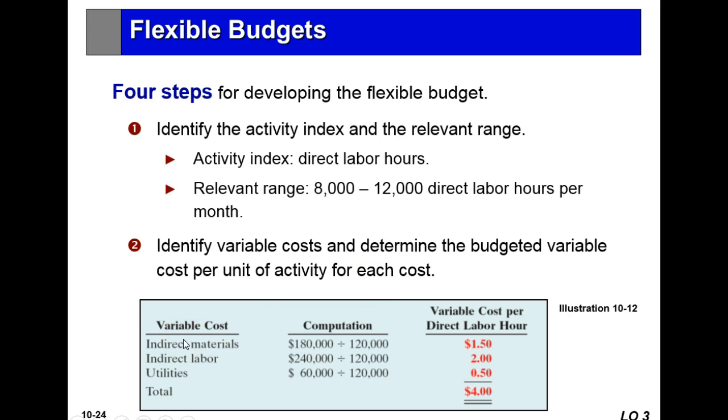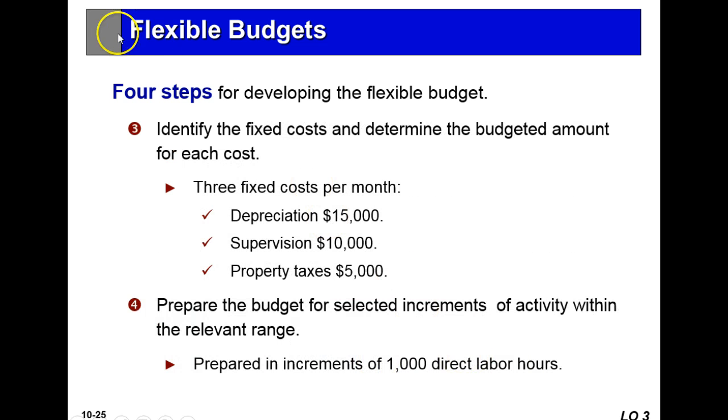So as you see here, our indirect materials are going to be $1.50 per direct labor hour. Indirect labor, $2 per direct labor hour, and our utilities are 50 cents. So our variable cost per direct labor hour is $4.